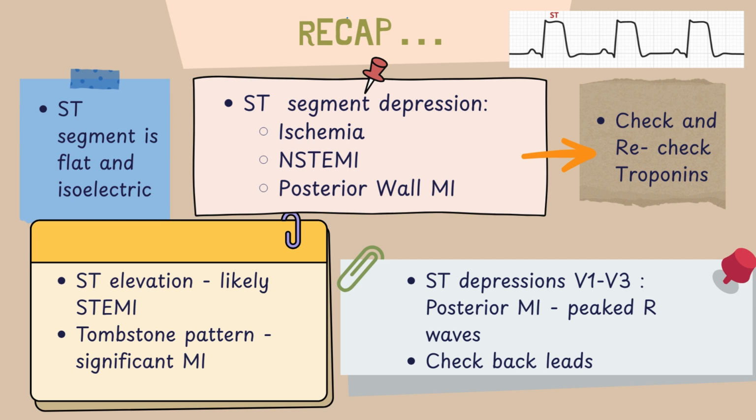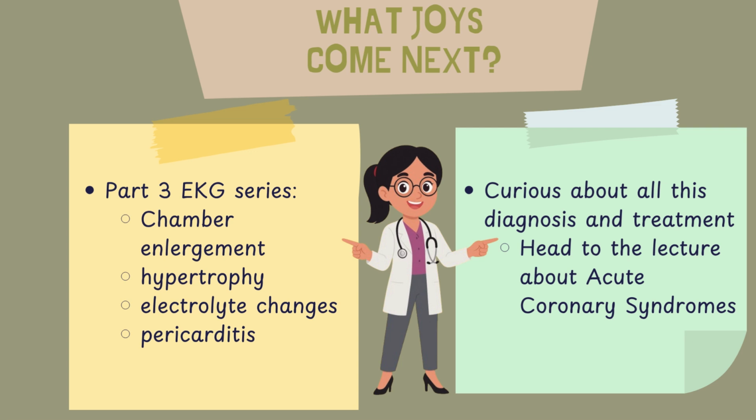ST elevation means transmural injury, likely a STEMI, and we use lead location to decide where it is. A tombstone ST elevation is a sign of massive injury. Don't miss it. Cath lab. Posterior MI is ST depression and tall R waves in leads V1 and V3, and we can confirm with posterior leads. Alrighty, this is the end of our EKG series part 2 lecture.